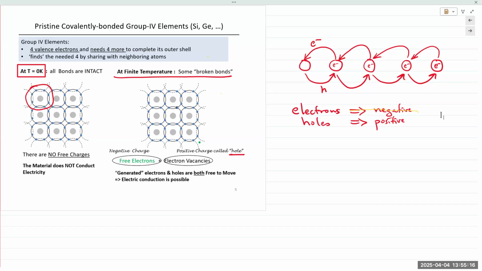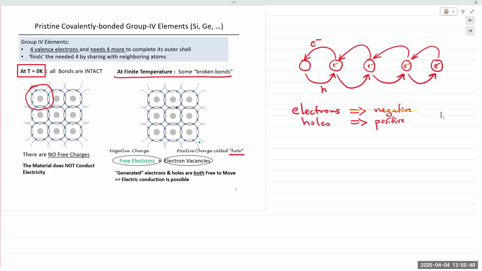It's a good question. The question being asked is, do the electrons that are free and moving around break more covalent bonds? The answer is yes, under certain conditions. Not in this case, but when you apply an external electric field, there's an avalanche of carriers that go through.